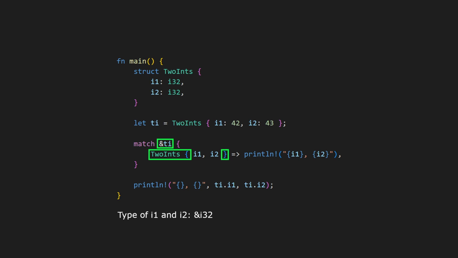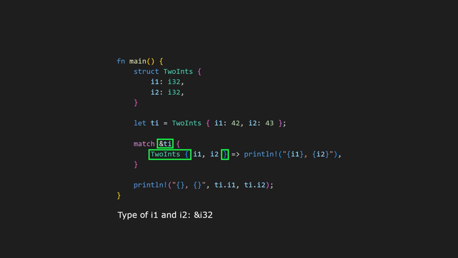The reason this works is because of the introduction to Rust of a feature called match ergonomics. With match ergonomics, if you have an instance of a complex type such as a struct, and patterns that match that type, then you can choose to match against a reference to an instance of that type, and the resulting destructured field values will be bound by reference rather than by copy.